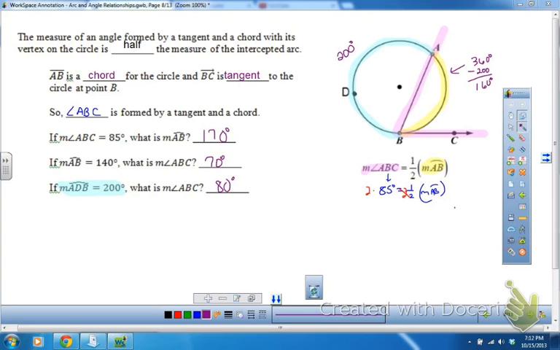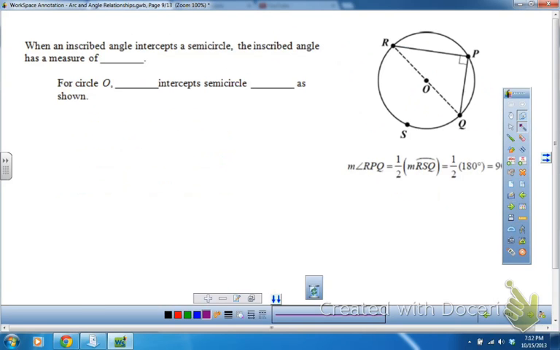And another case is where the inscribed angle always forms a 90-degree angle inside the circle. Notice in this case it is intercepting what we call a semicircle. RSQ is a semicircle. And the inscribed angle there is always going to be 90 degrees when it intercepts a semicircle.